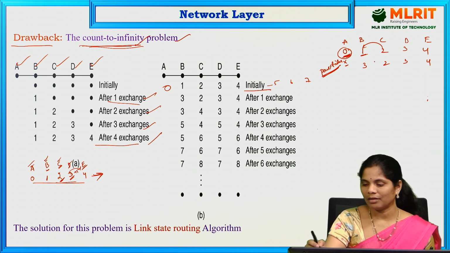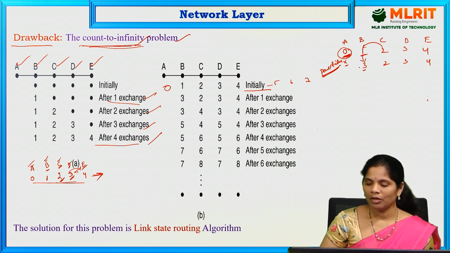The next case: suppose B is now updated to 3. So what will C think? B is my neighbor, but B's value is 3. So C will update to 3 plus 1, which is 4.